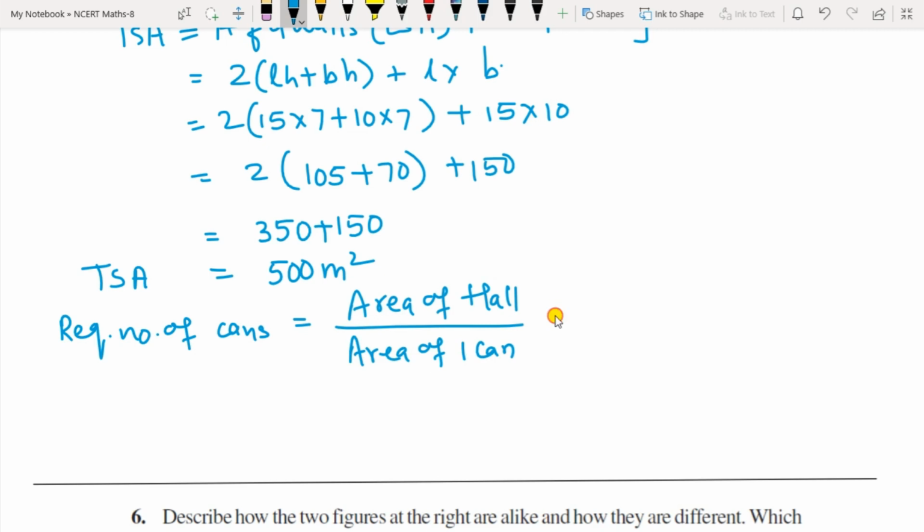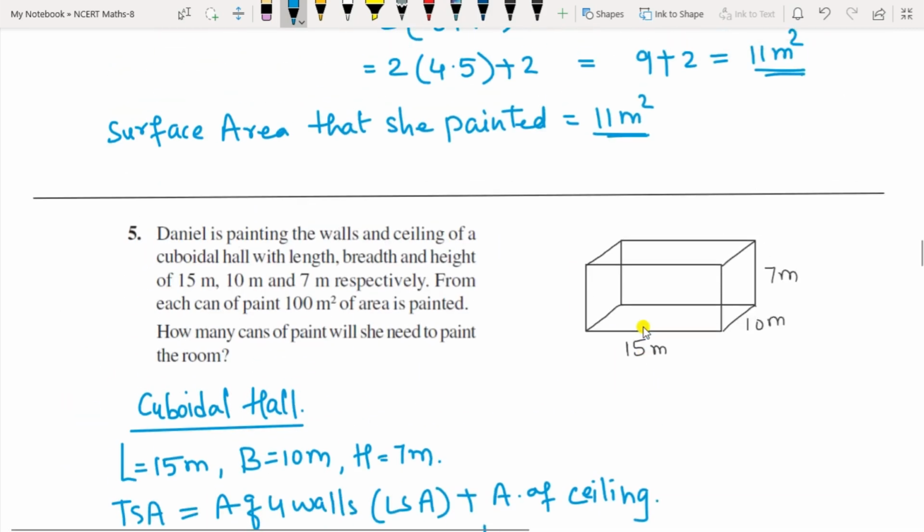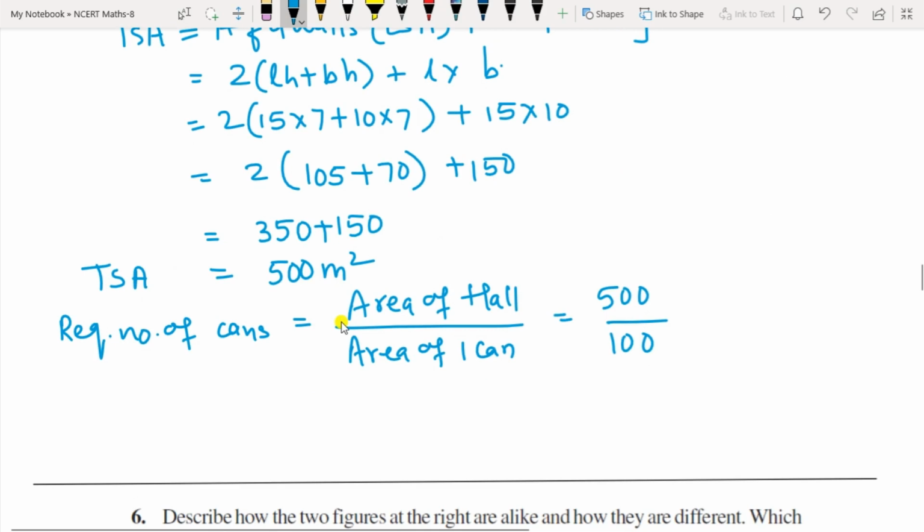The area of the hall is 500 meters square and the area of one can is given as 100. In the question it is given that the area of one can to be painted is 100 meters square. Since the units are the same, both in meter square, the answer is 5. So 5 cans are required to paint the hall.